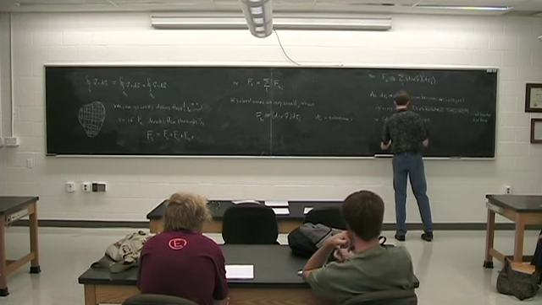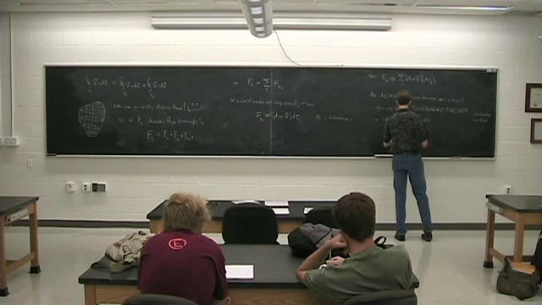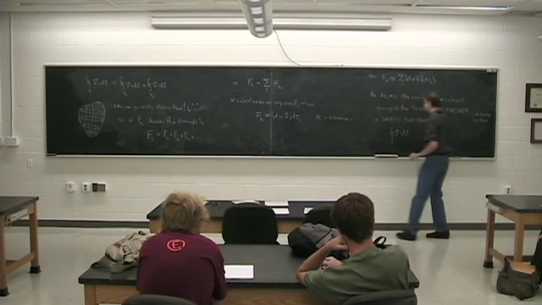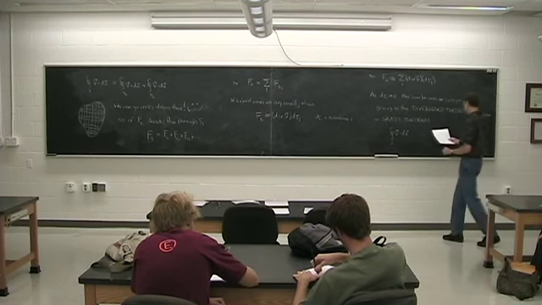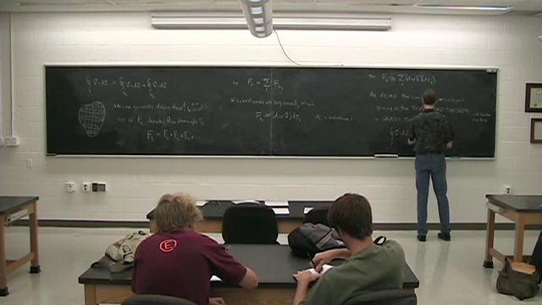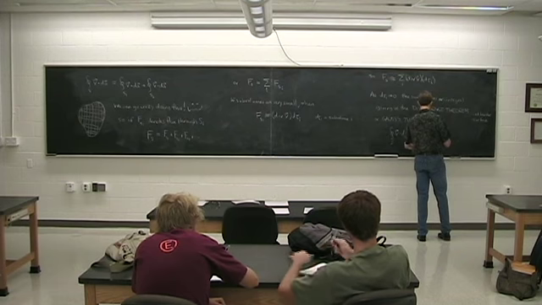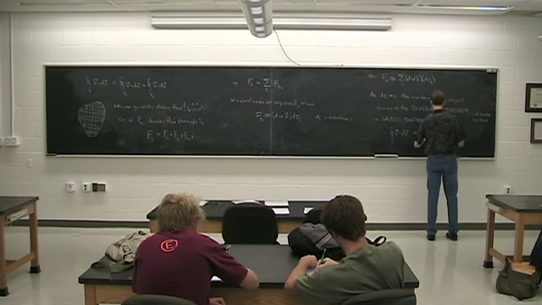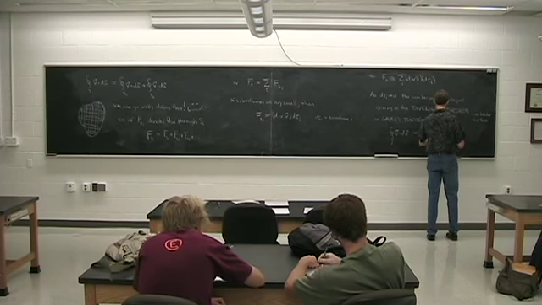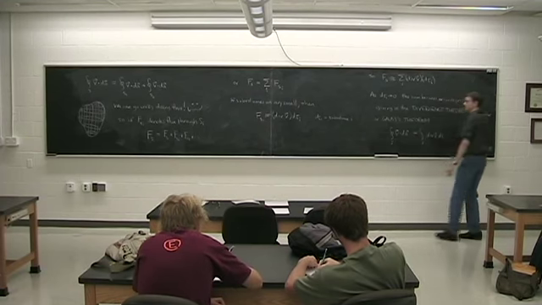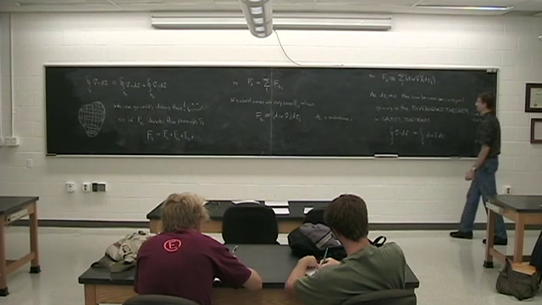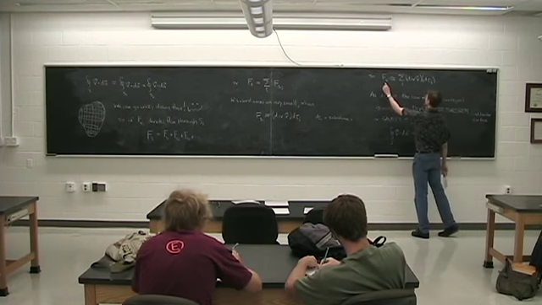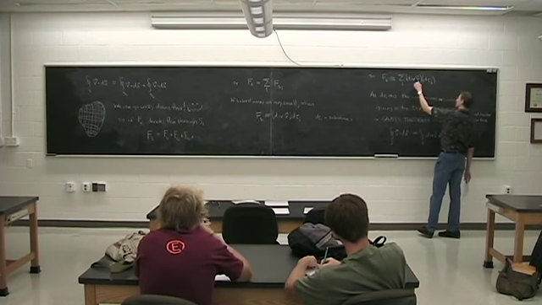Which says that the integral over a closed surface of v dot dA, the flux through the surface of a vector field v, is equal to the integral over the volume enclosed by that surface of div v d tau.